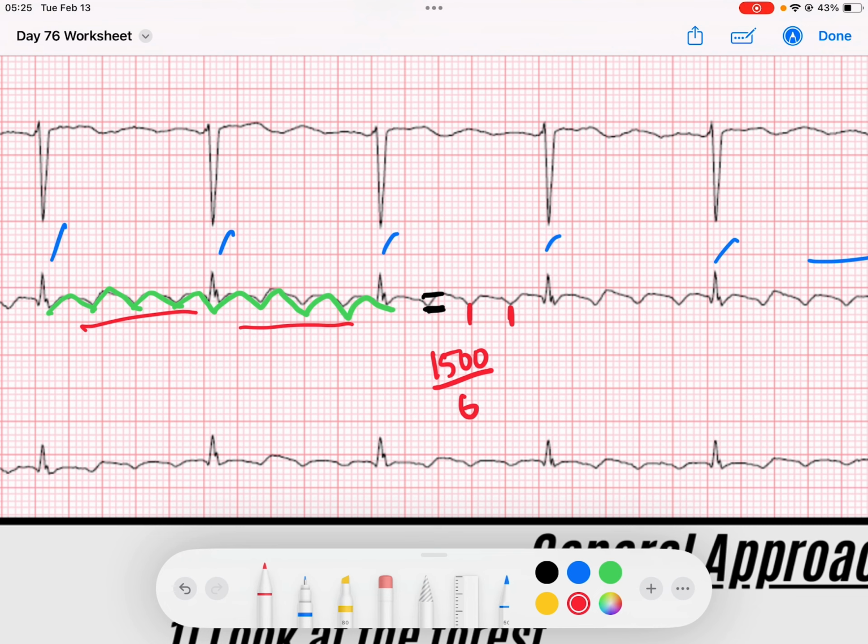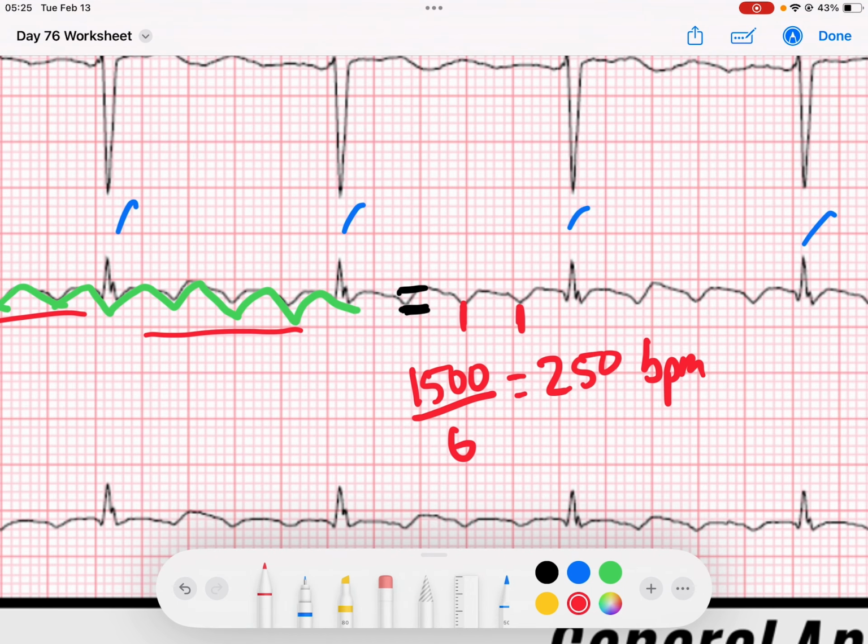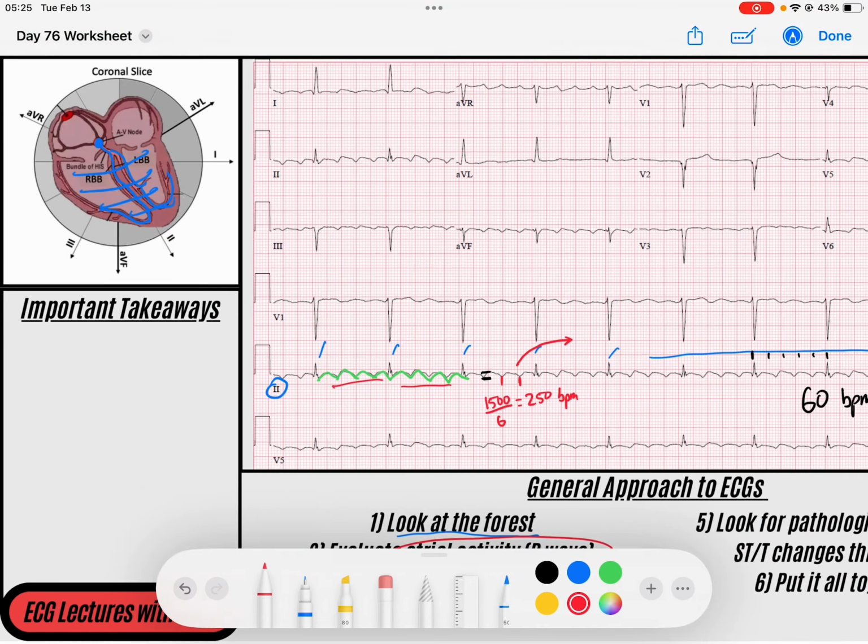And so the rate of this beat to beat variation is 250 beats per minute. And so that's in the reference range of a flutter wave. And so these waves that we're seeing are flutter waves, specifically flutter waves that originate from the atria. So we've got atrial flutter.